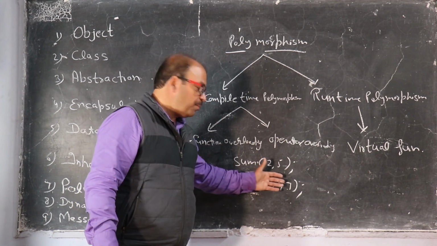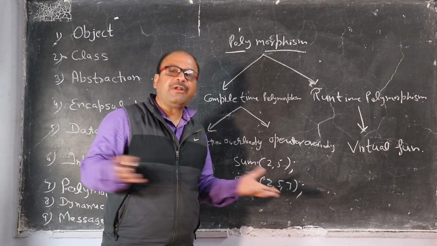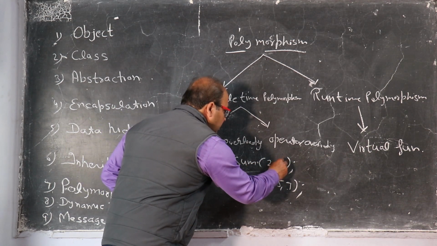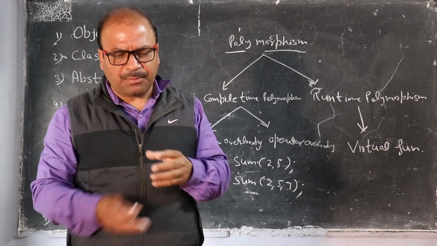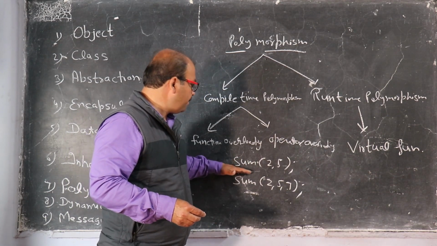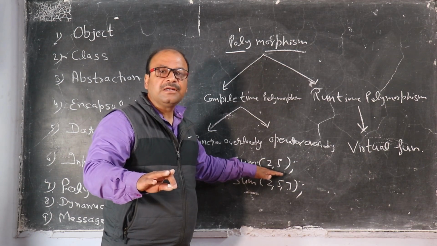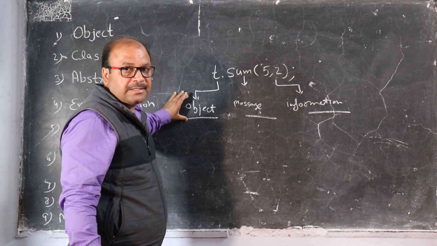If the number of parameters is different, C++ analyzes it in a different way and writes different algorithm and coding for it. So sum having two parameters is a different function from the others. T is the object.